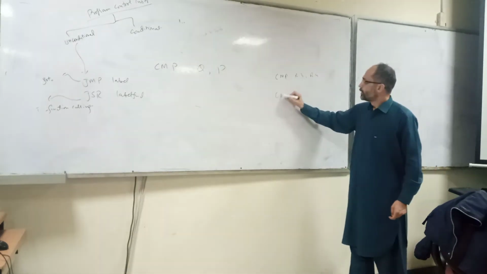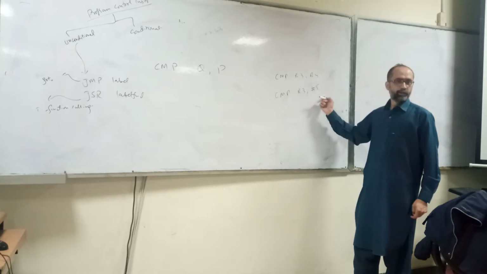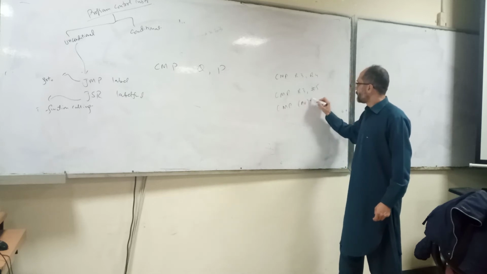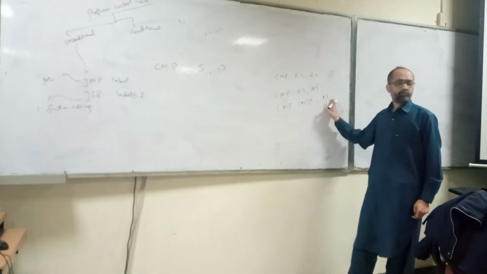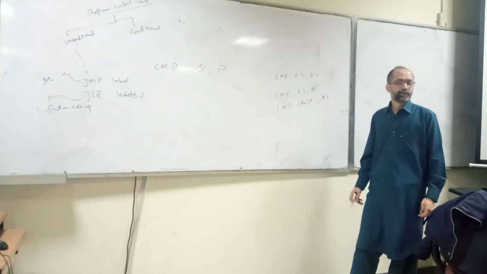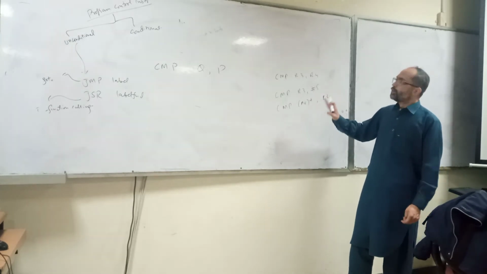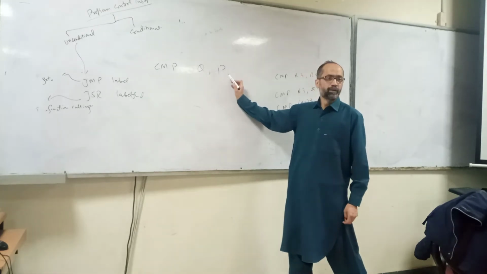Register and register. Compare R3 with 5: register and immediate. Compare (A0)+ with R3: register indirect with post increment and register. So a lot of variants are there. Q can be any addressing mode, and P can also be any addressing mode.